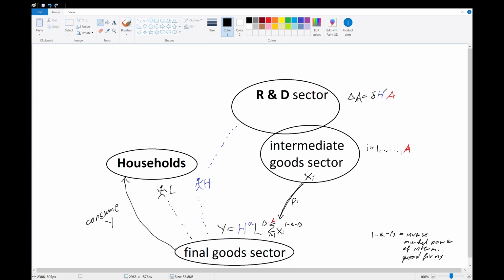But you can think of all kinds of different production functions here, and that's very interesting. You can think of, for example, whether there are returns to scale or diminishing returns to knowledge or human capital in this sector. The assumption in the Romer model is that this exponent here is 1, for example.